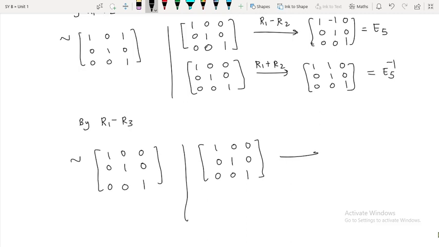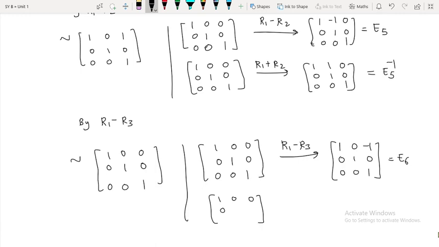So which operation? R1 minus R3. So 0 0 1, third row, second row as it is, first row will change. So R1 minus R3, 1 minus 0 is 1, 0 minus 0 is 0, and 0 minus 1 is minus 1. This is E6.